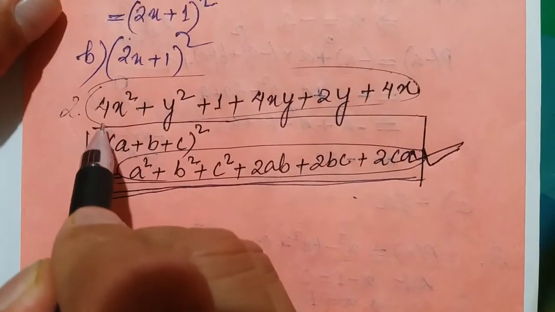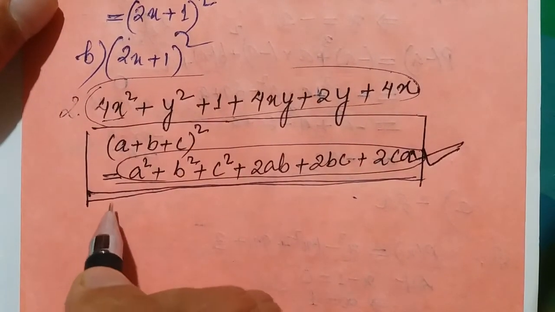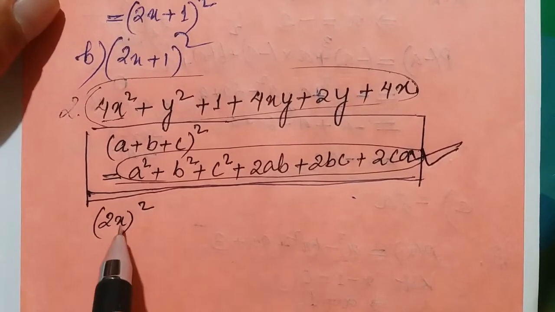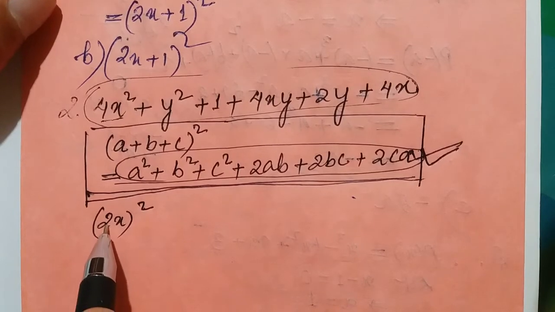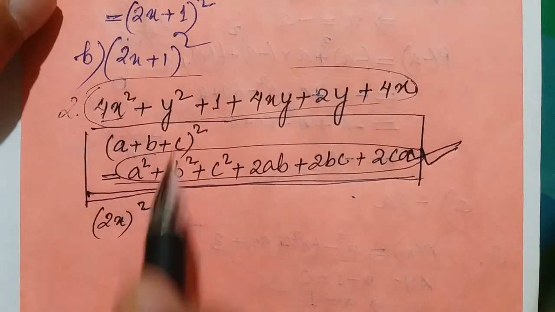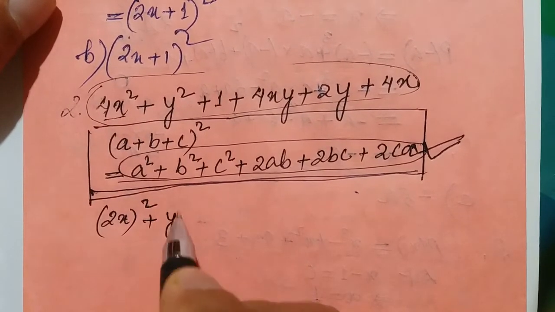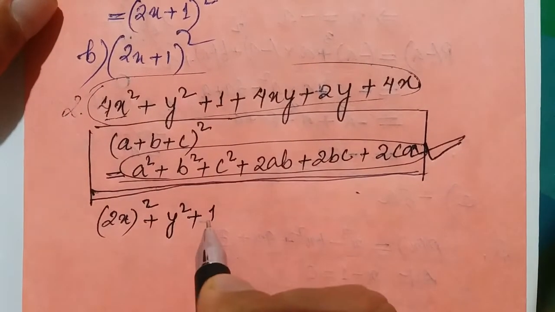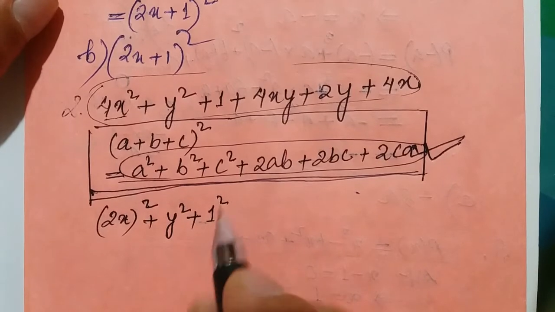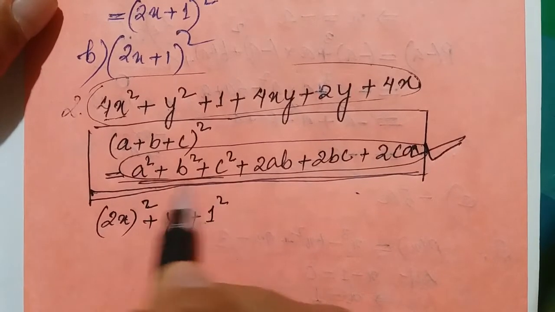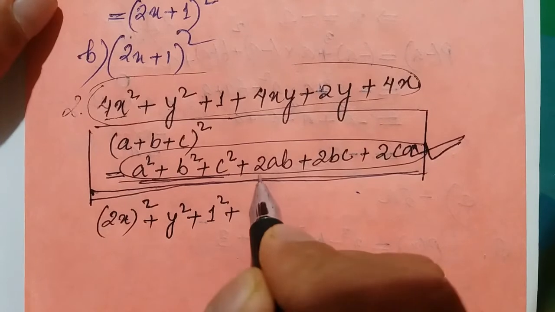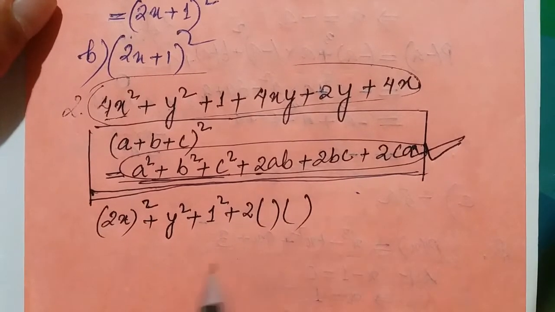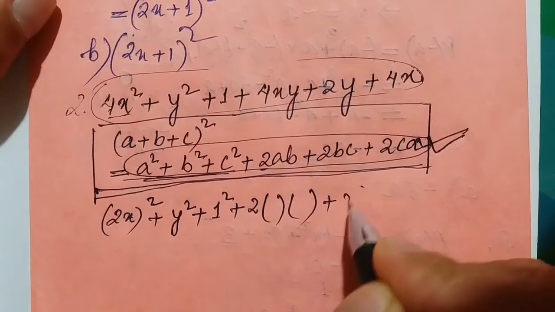Now the first term is 4x squared. This one you can write 2x whole square. So this square is for both. 2 square is 4, x square is x square, plus y square here, plus again this 1 you can write 1 square because 1 square is 1, and then to make it like this we will write here 2, and then we have to write in this form.